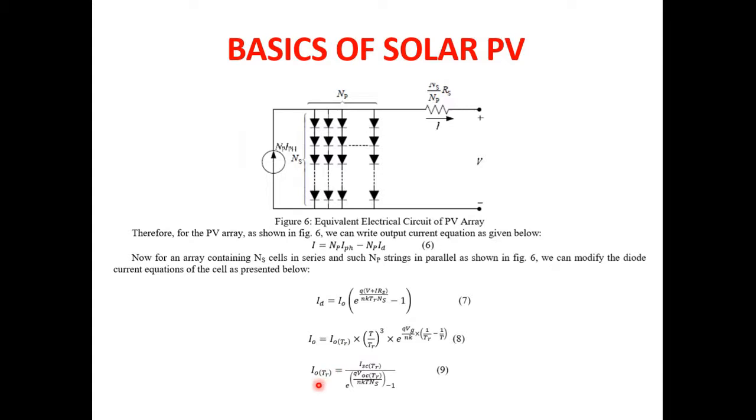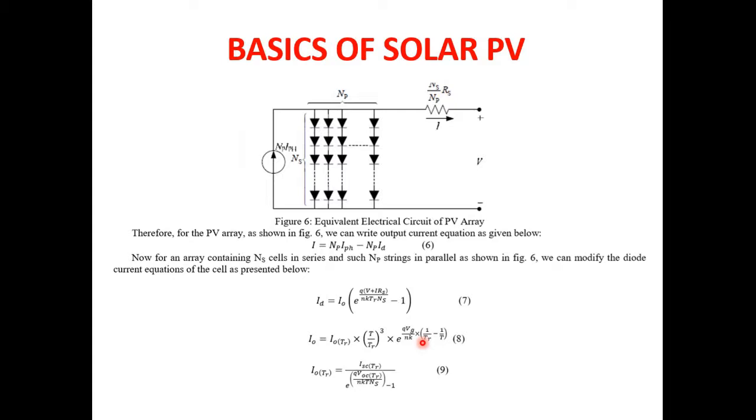Now again I0 TR is given by ISC TR divided by e raised to q into VOC TR divided by N K T NS, minus 1. So these are the equations for the solar PV array.